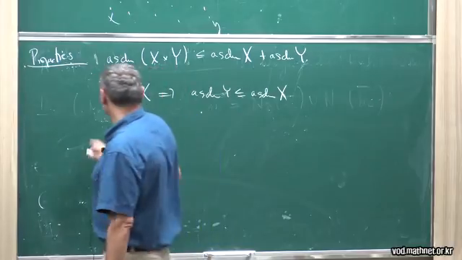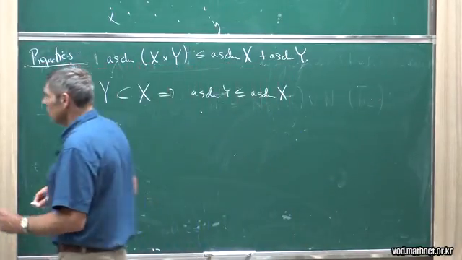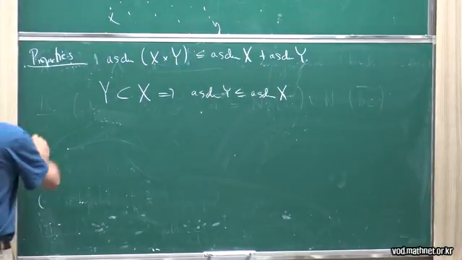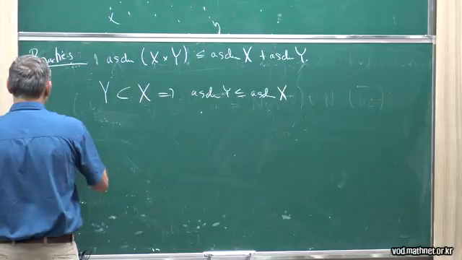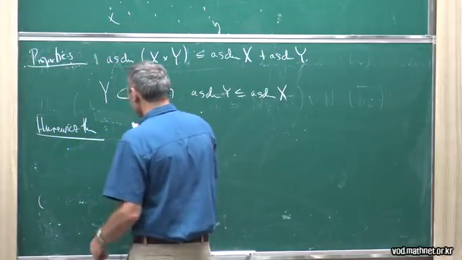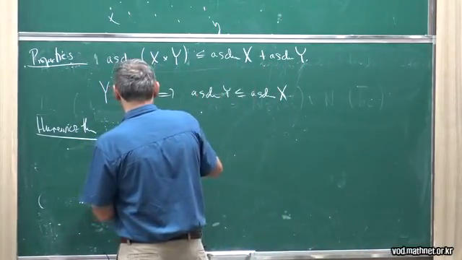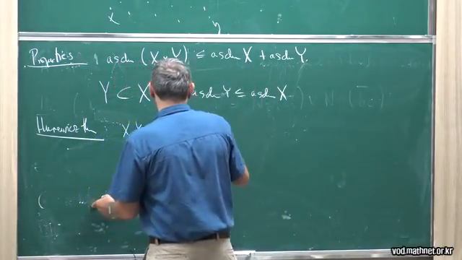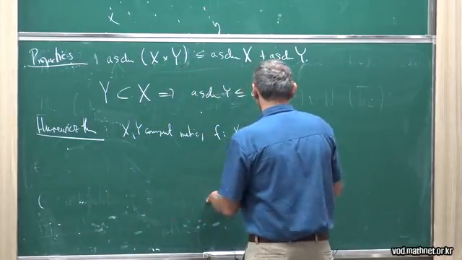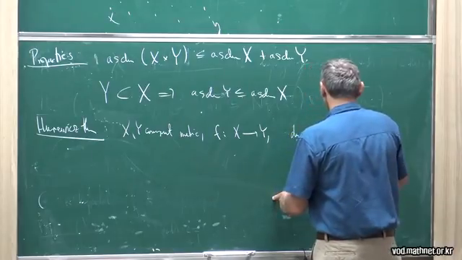For the next theorem, which is most useful, I want to remind you of a classical theorem in topological dimension called the Hurewicz theorem. It says that, for simplicity, let's say X and Y are compact metric spaces, and you have a map from X to Y, and you assume that the dimension of f inverse of y is less than or equal to n for every y.